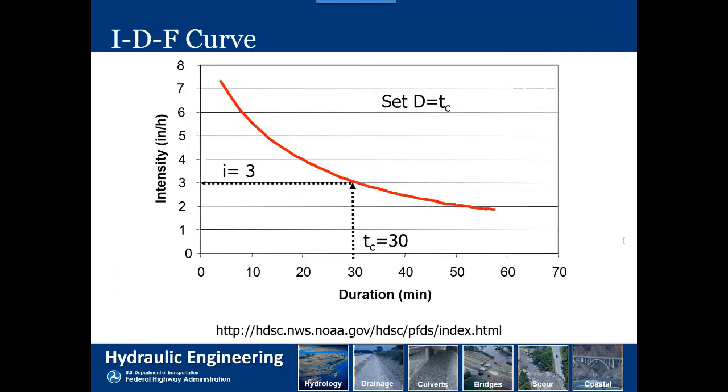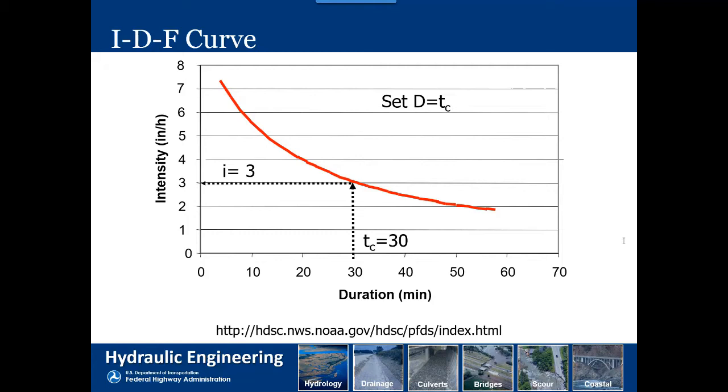To get your intensity, you use something called an IDF curve, intensity duration frequency curve. You can get these from NOAA, but MoDOT has them in their EPG, engineering policy guide, and they're for different parts of the state. I wanted to show you what it actually is.